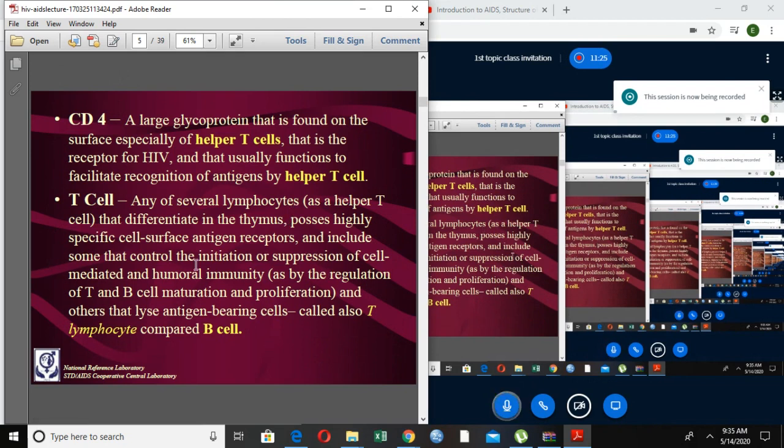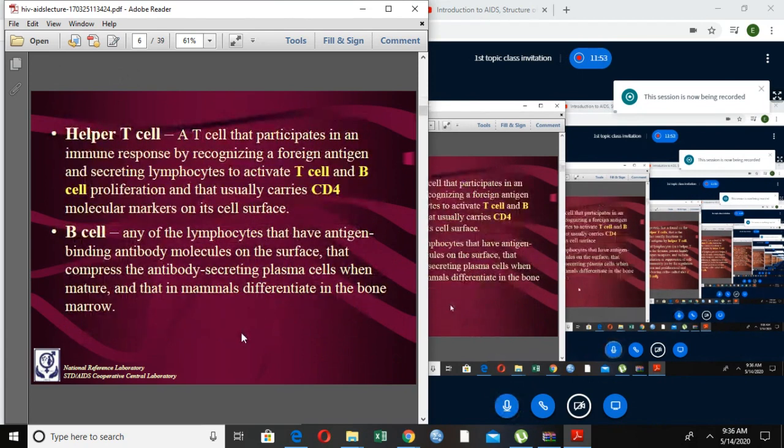Then, to repeat, these T cells include some that control the initiation or suppression of cell-mediated humoral immunity, by the regulation of T and B cell maturation and proliferation, and others that lyse antigen-bearing cells, called T lymphocytes, compared to B cells. Let me go to the helper T cell now.